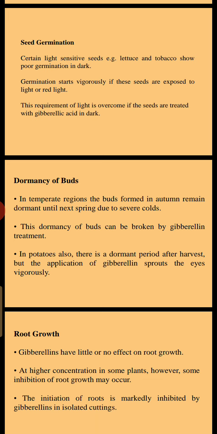Next is the case, from a vegetable point of view, of potato. During storage, no germination is required, so at that time we were using, I think, a synthetic auxin to prevent sprouting. But after harvest, if you want to grow the potato, then you have to use gibberellic acid.